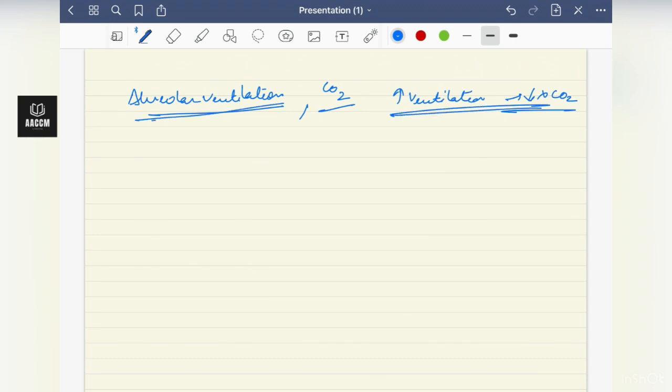So from alveolar ventilation, we can deduce the levels of PCO2. PCO2 can be determined from a simple equation, that is PaCO2 by VA, where PaCO2 stands for the arterial CO2 tension and VA stands for the alveolar ventilation.